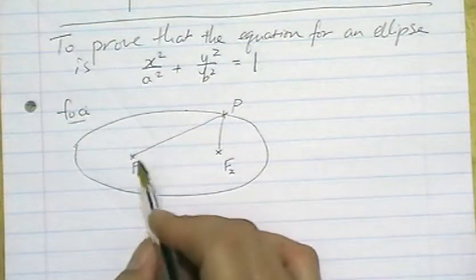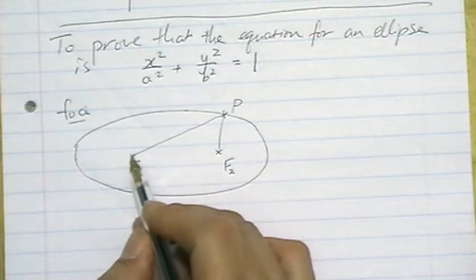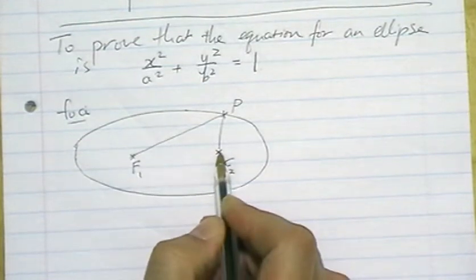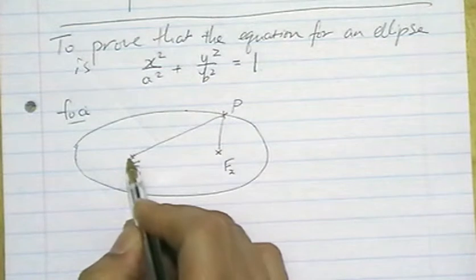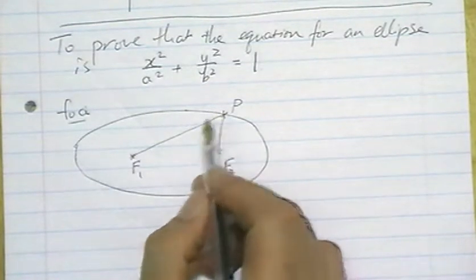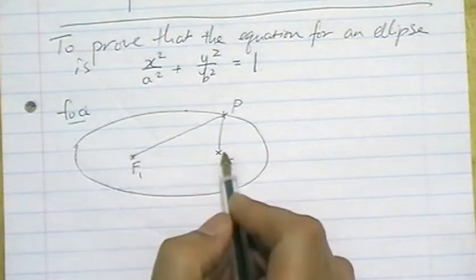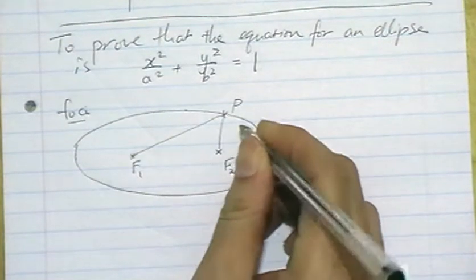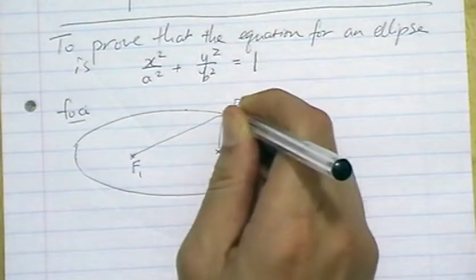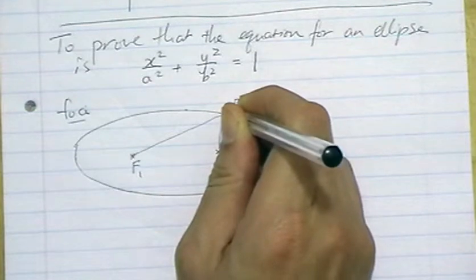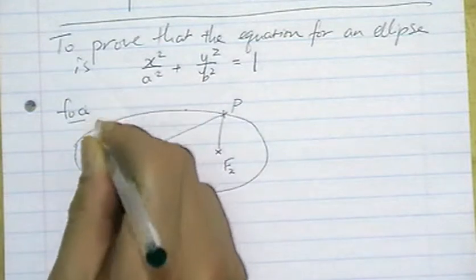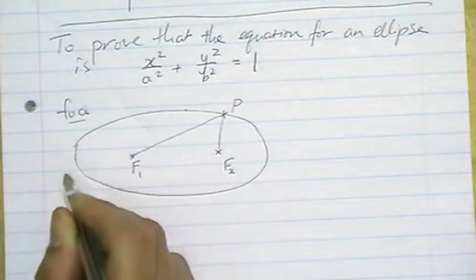Now you can even imagine putting two nails, or two pins at this point and this point, and tying a loose piece of string to those two pins, and then stretching the string out with a pen, and then move the pen around, keeping the string taut all the time.